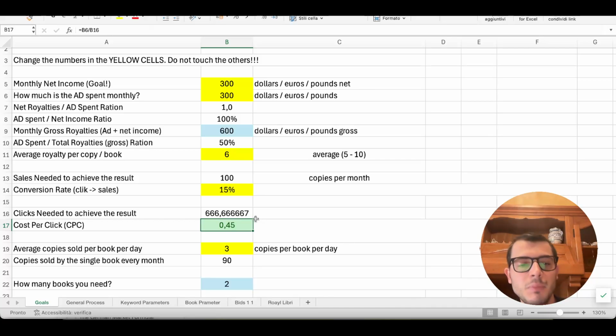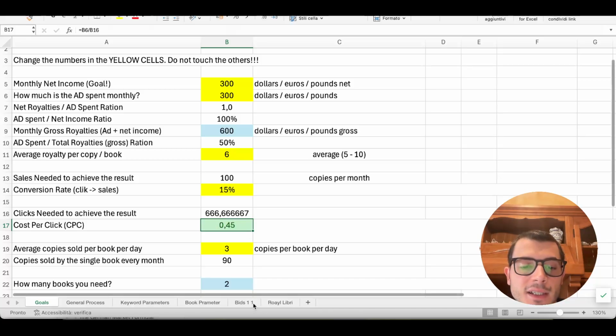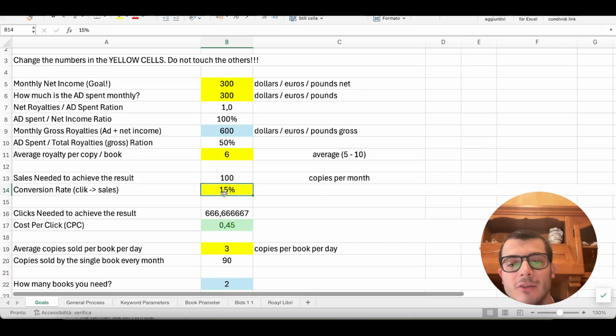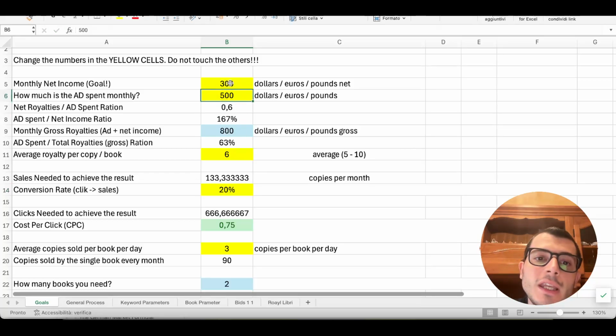But if that book requires the clicks to be 0.8, I just can't do this. So either I increase the conversion rate, for example to 20%, and I increase the ad spend. Now I can generate $300 net, but I need to spend $500, so I need to generate $800.